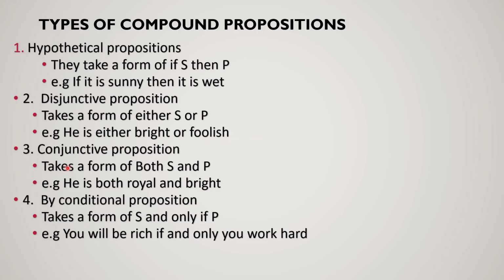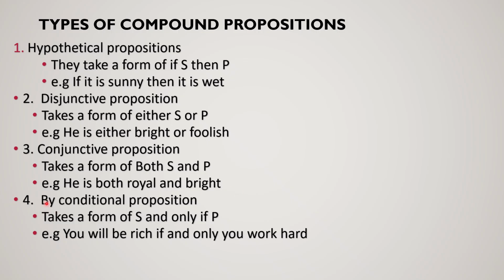We also have conjunctive propositions, which are similar to conjunction in English, and take the form of both S and P. For example, when you say he is both royal and bright, here S, the subject, is royal and the predicate is bright.